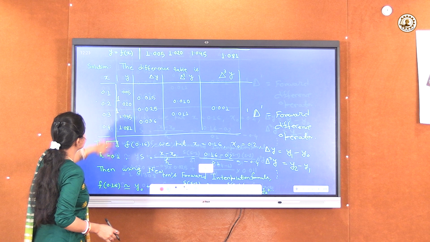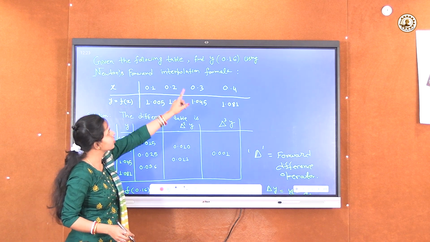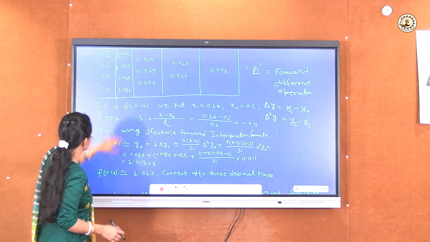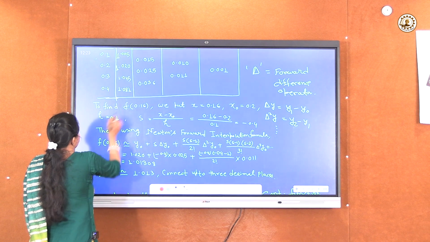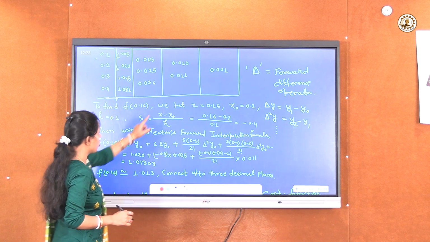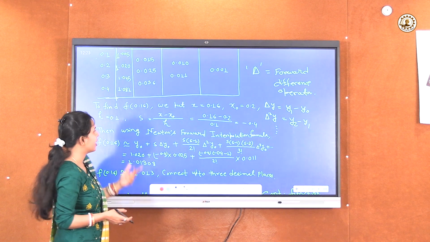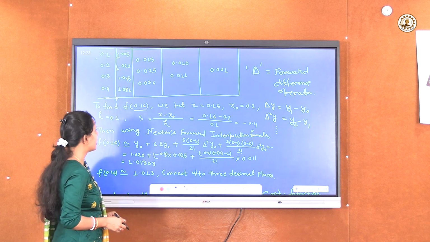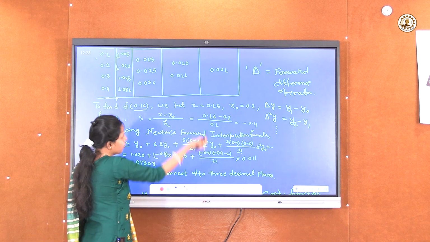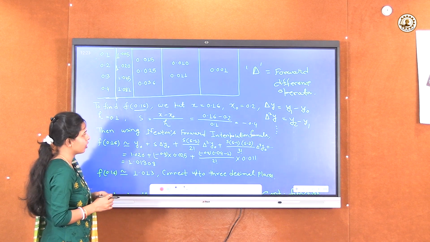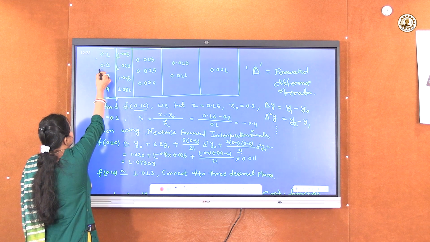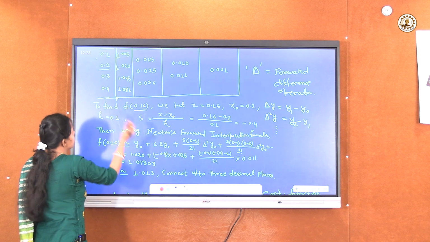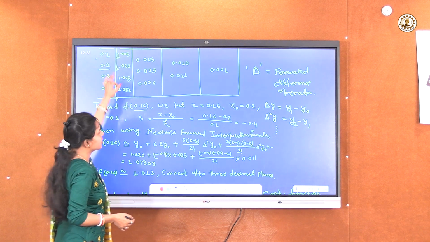Now what do we need to find out? Find y of 0.16, that means find f of 0.16. To find f of 0.16, we put x equal to 0.16. The x values are given in our question. For x0, our initial value, I could choose 0.1, 0.3 or 0.4, but I choose x0 as 0.2.